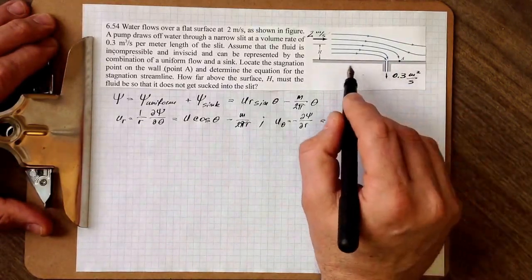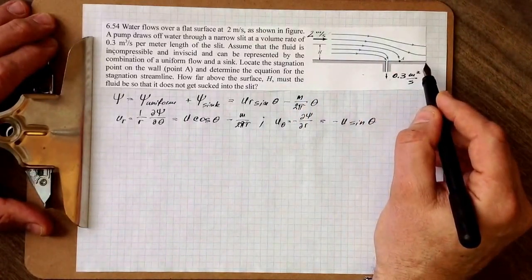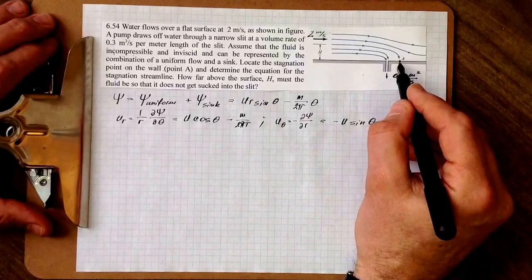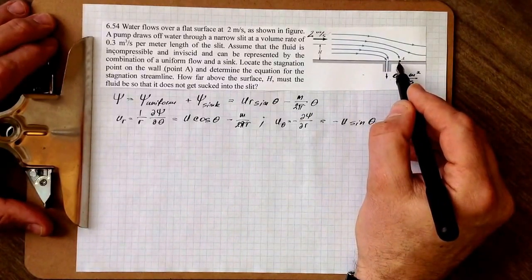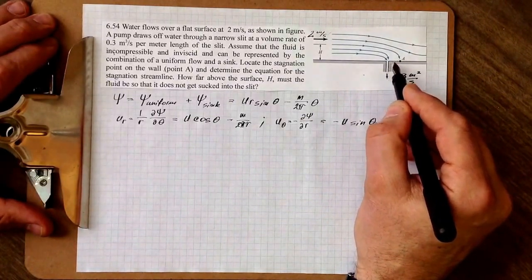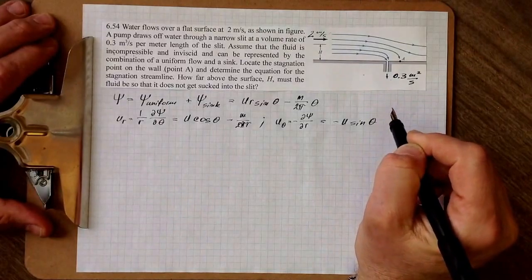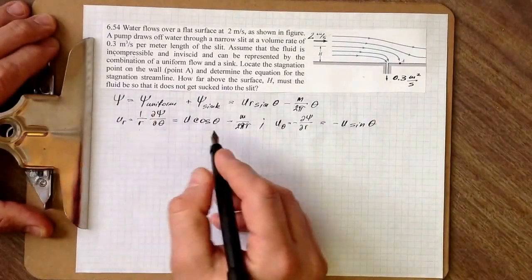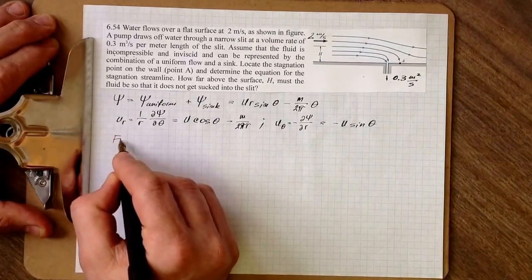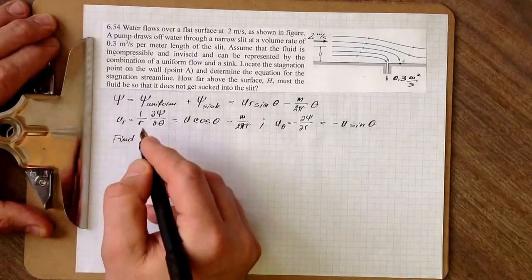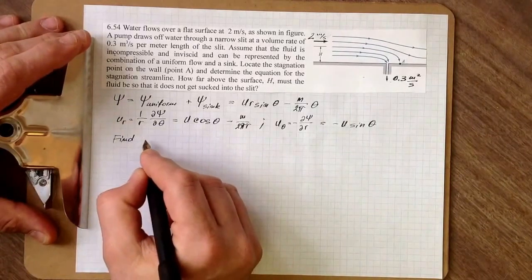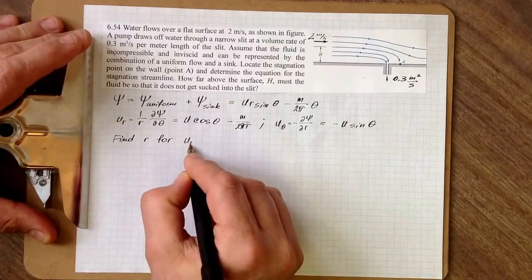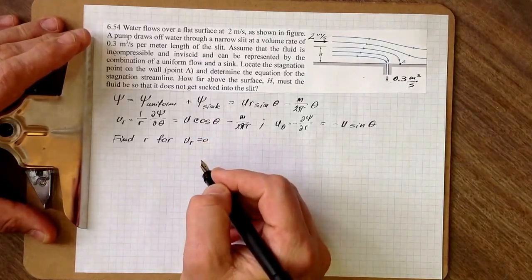So we know that u_theta is 0, and we're looking for the point where u_r itself is 0, because at point A, the horizontal component of velocity is also going to be 0. So find r for u_r equals 0.